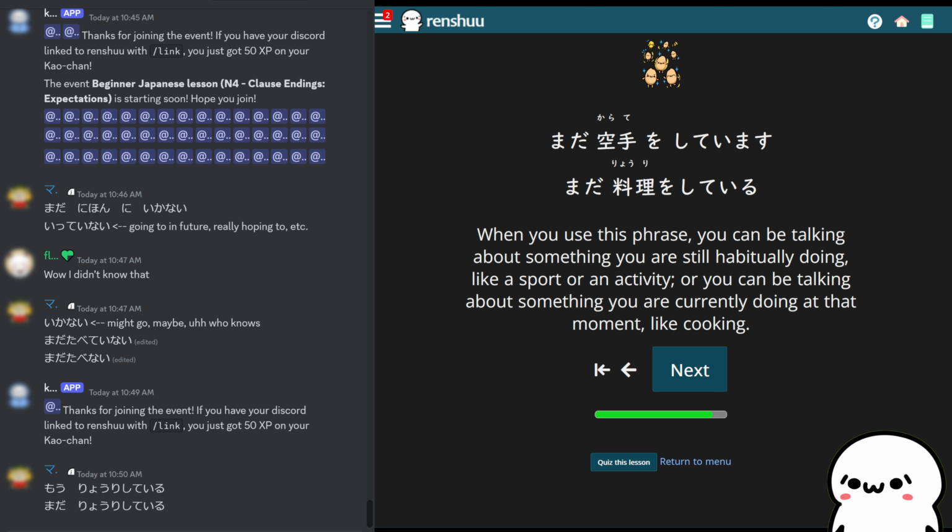By the way, I dropped the O out of there, which you can do in casual form. So you'll see it 料理をしている. You can also see 料理している. They both work. They're both totally okay in casual conversation. So these two seem very, very similar.